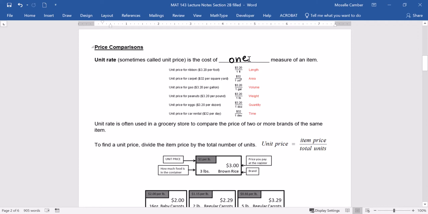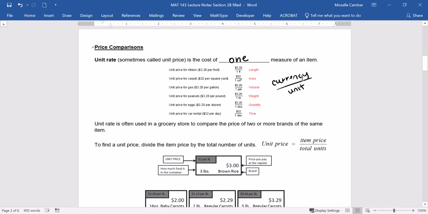So 1 unit, whether that is per 1 foot, per 1 square yard, per gallon, per pound, per dozen, or whatever. So it's always going to be a currency, which in the United States is going to be dollars per whatever unit you want to measure in.